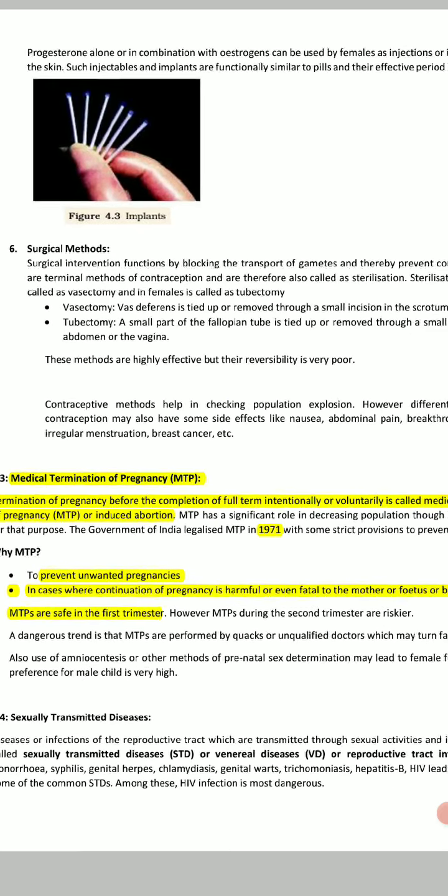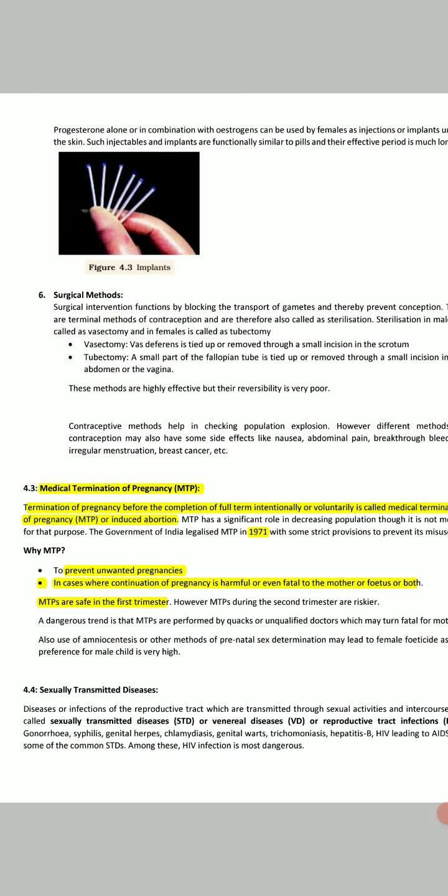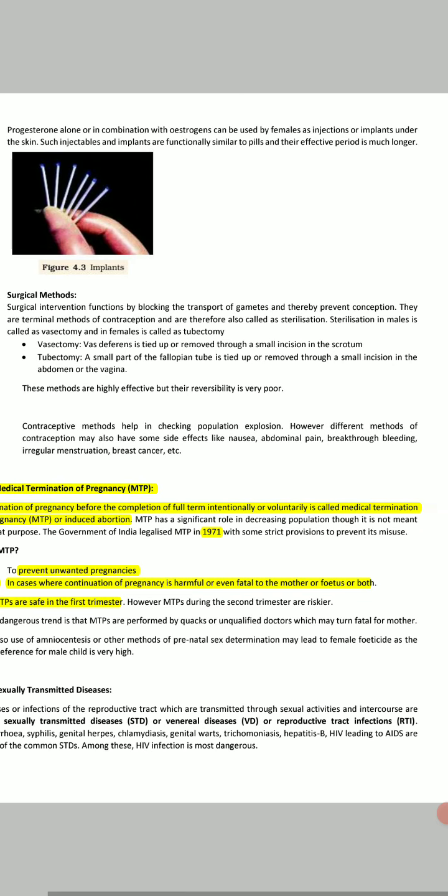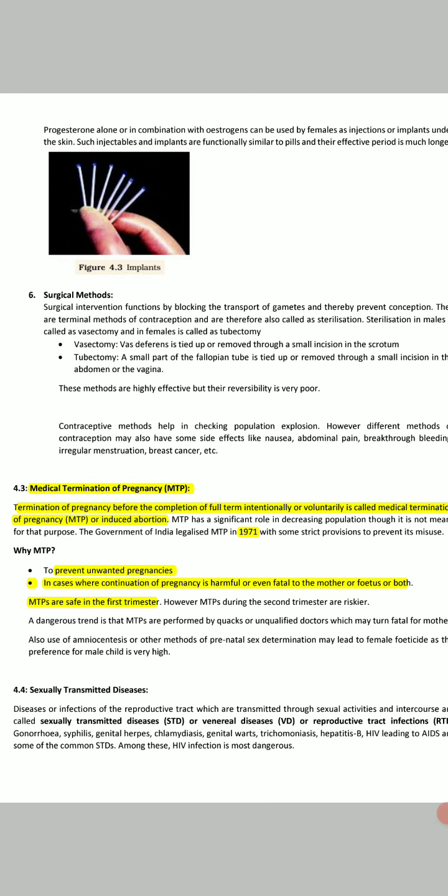However, MTPs during the second trimester are riskier. A dangerous trend is that MTPs are performed by quacks or unqualified doctors, which may turn fatal for the mother. Also, amniocentesis means that before birth we can detect the sex, whether the baby will be a boy or girl.